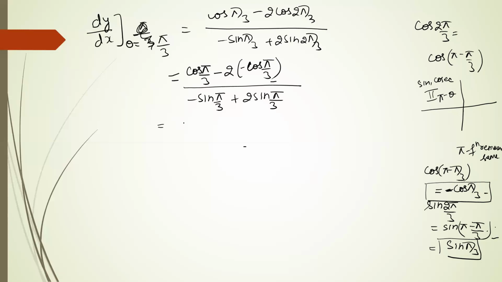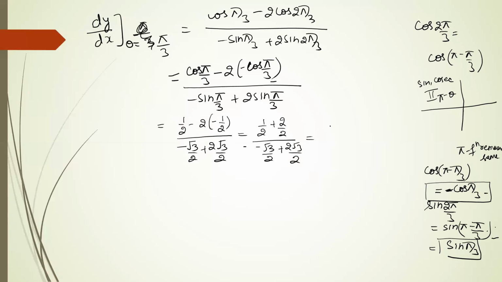Cos pi by 3 is 1 by 2, minus 2 times minus 1 by 2, upon minus root 3 by 2 plus 2 times root 3 by 2. Simplify: 1 by 2 plus 2 by 2 upon minus root 3 by 2 plus 2 root 3 by 2. Further, this can be written as 3 by 2 upon root 3 by 2.